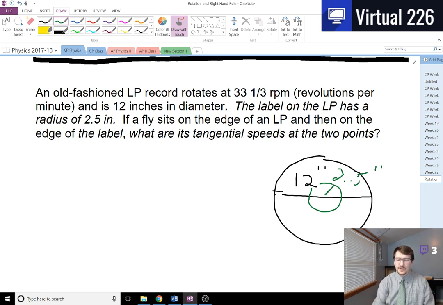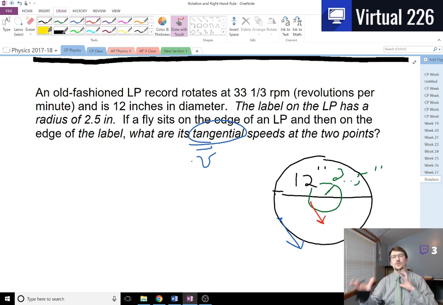So what we want to see is, if there is a fly or the needle sitting on the edge of the disc, what is the tangential speed or linear speed, v, at the outside point and then at the inside point as this thing is rotating consistently. So we're looking for two linear velocities, one for the edge and one on the inside.